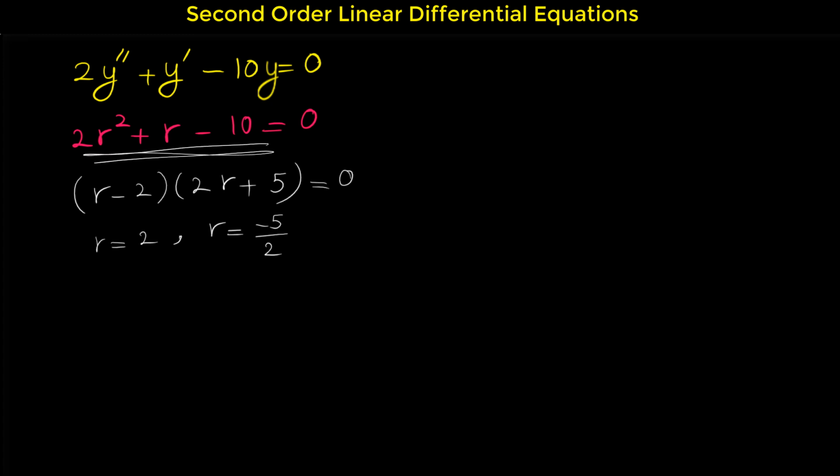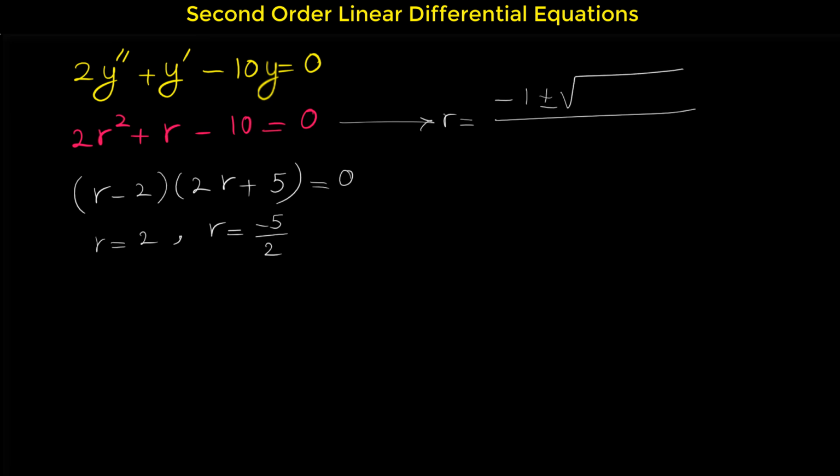If you cannot factor this, if it's not easy for you, always use the quadratic formula. r equals negative b plus or minus the square root of b squared, 1, minus 4 times 2 times negative 10. 4 times 2 times negative 10 is negative 80, so minus 80 here, all over 2a, 2 times 2 is 4.